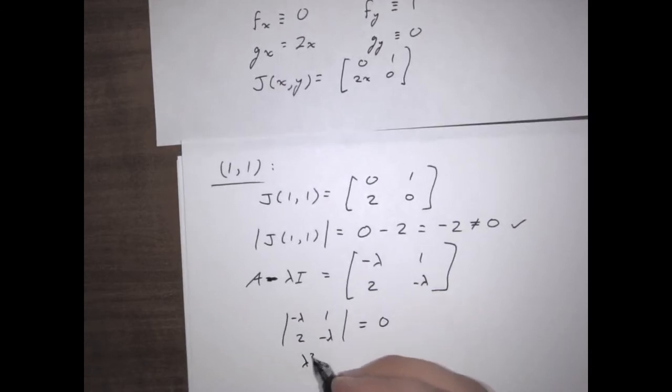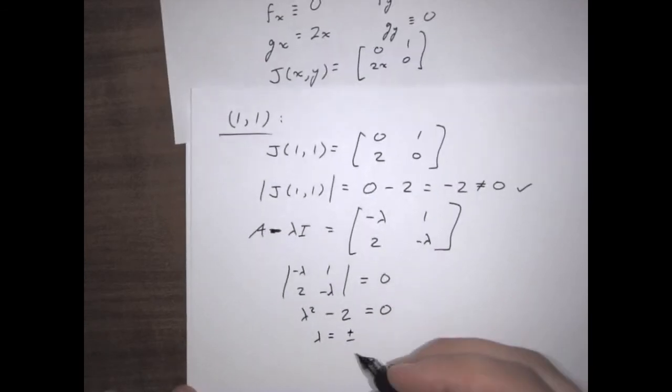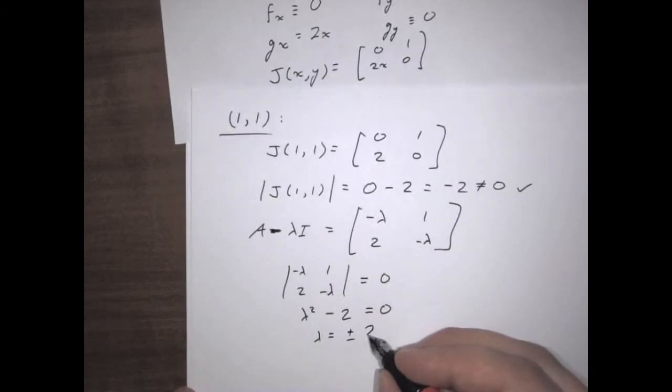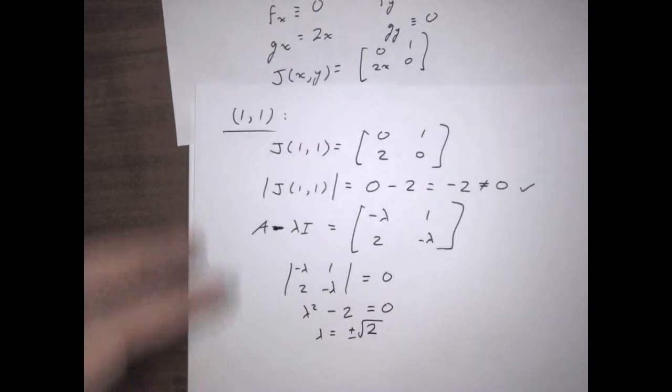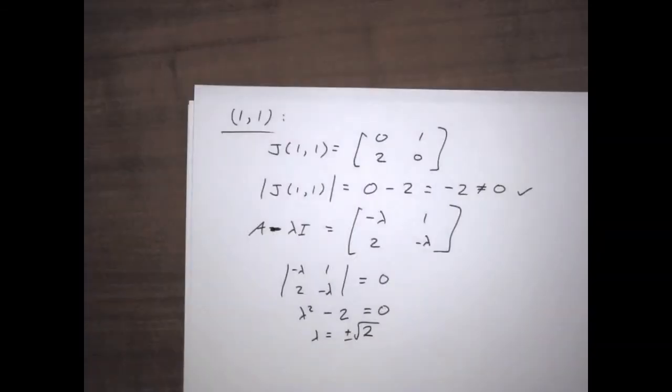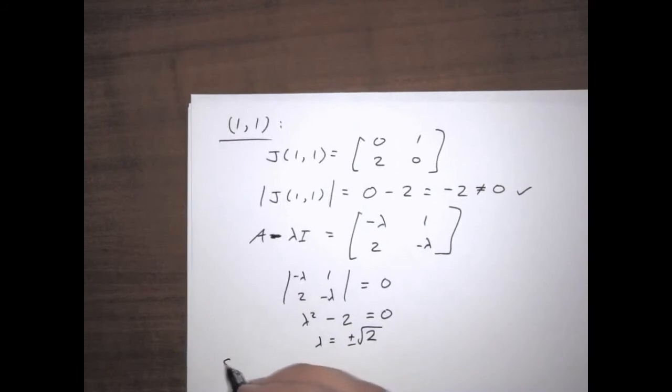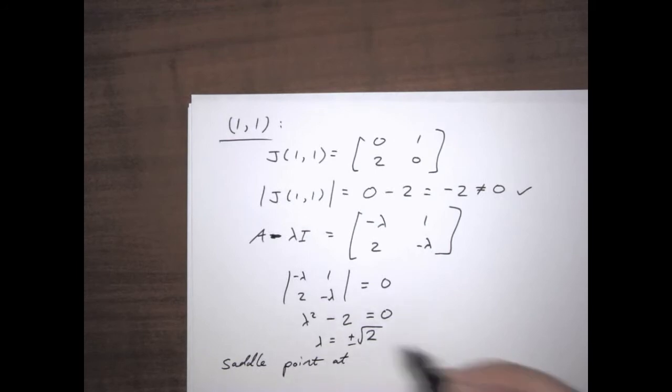It's going to be lambda squared minus 2 is equal to 0, which means that lambda is going to equal plus or minus the square root of 2. Which means that we are going to have a saddle point, because one is positive, one is negative. Saddle point at 1, 1.